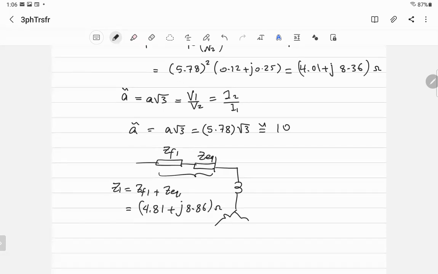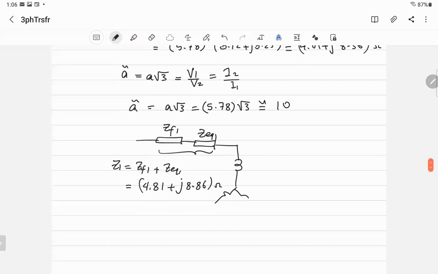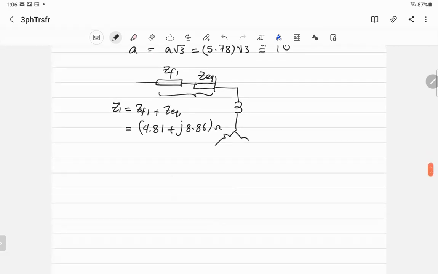Now I'm going to do something strange. After I did that, I'm going to move all the impedance to side 2, I'm sorry. Why? I'll tell you why. You have star and you have delta.